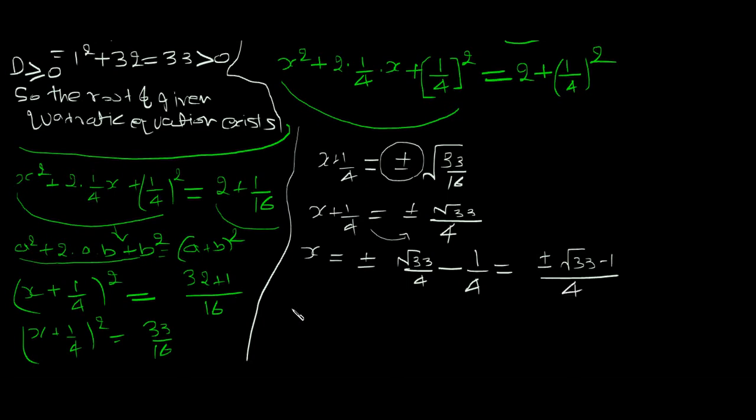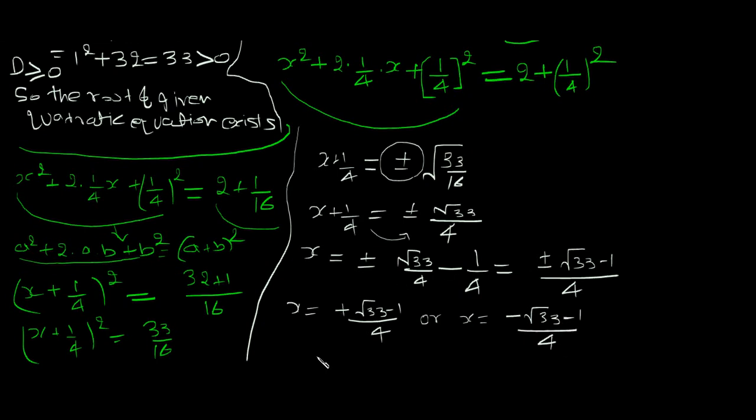Now I will get two values of x. One value of x will be, I will take the plus sign, square root of 33 minus 1 upon 4, and the other value of x will be, I will take the minus sign, minus square root of 33 minus 1 upon 4.